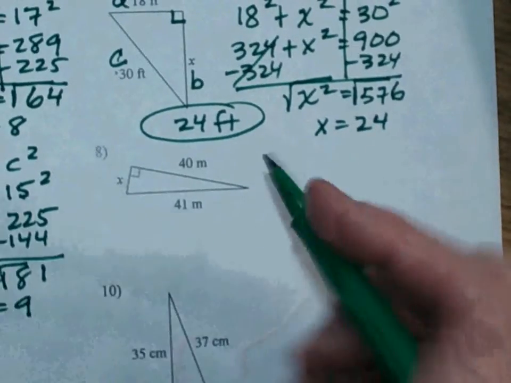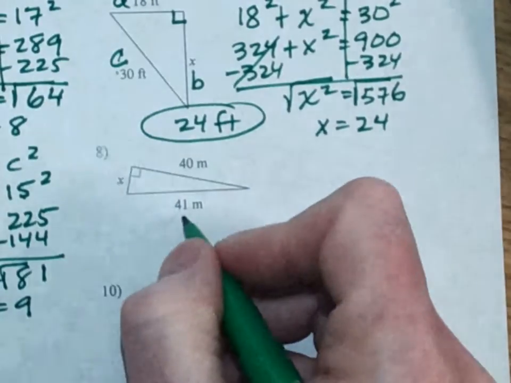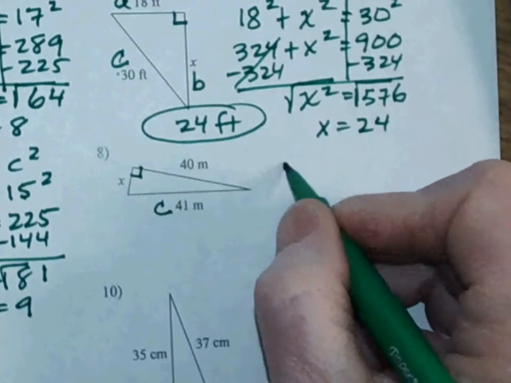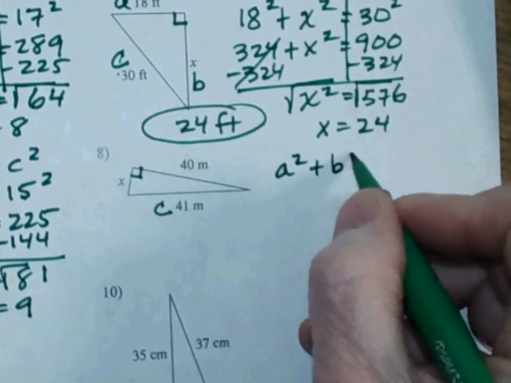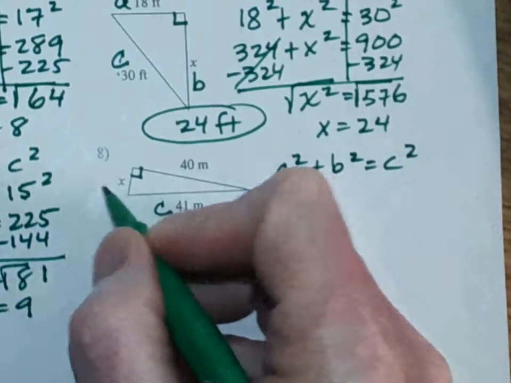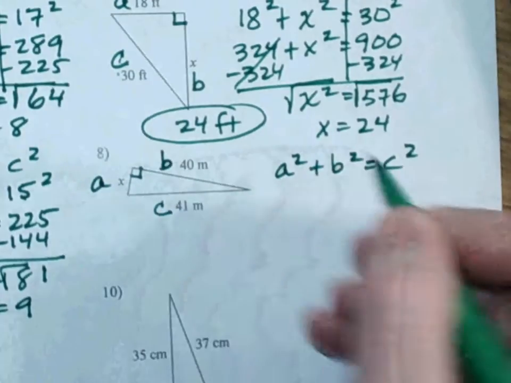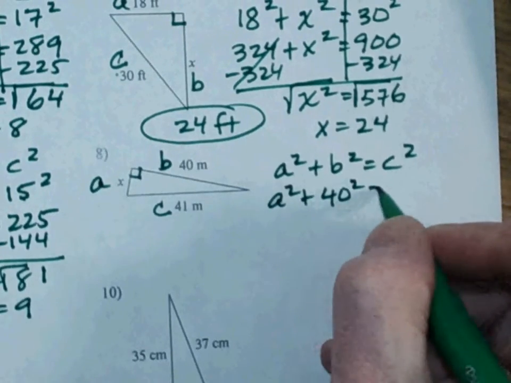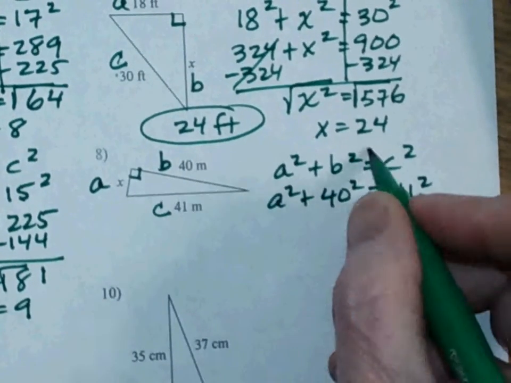Alright, here. These two sides look very similar, but 41 is larger and it's opposite the right angle, so I know that's going to be my hypotenuse. My legs are x and 40. So I have a squared plus 40 squared equals 41 squared.